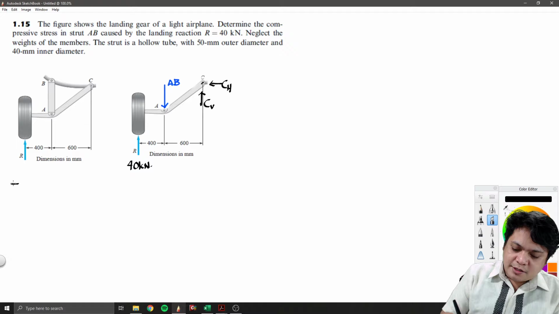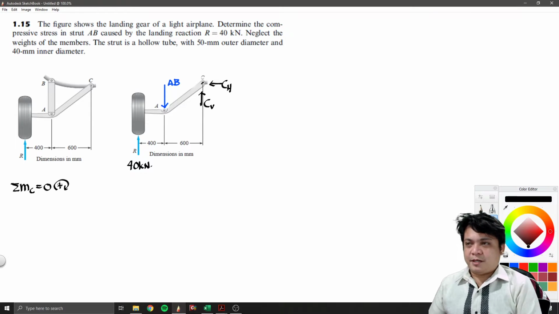So I will have summation of moment at C equal to 0 for equilibrium, and clockwise is positive.